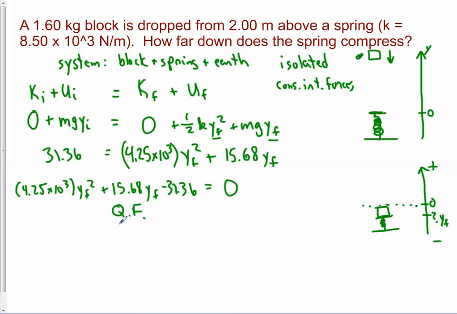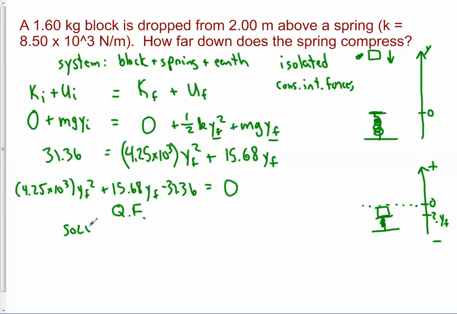Or most good TI graphing calculators also have an algebra solve command, which I encourage you to use, because your calculator is just going to put it into the quadratic formula anyway. So no need for you to remember or look up the quadratic formula and type it in yourself. Just have your calculator solve it for you.